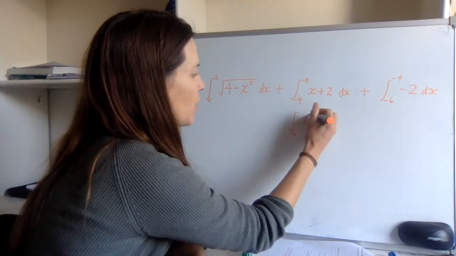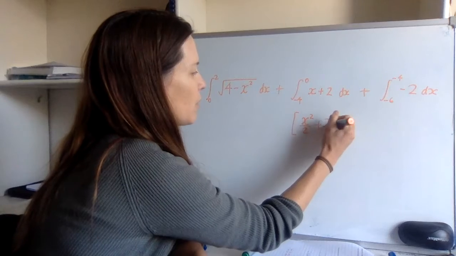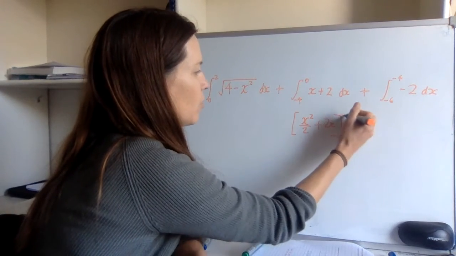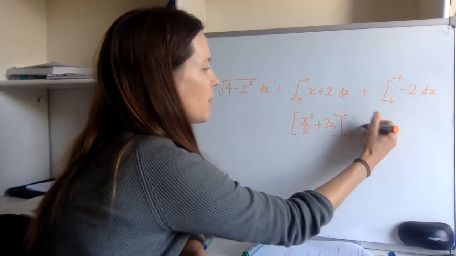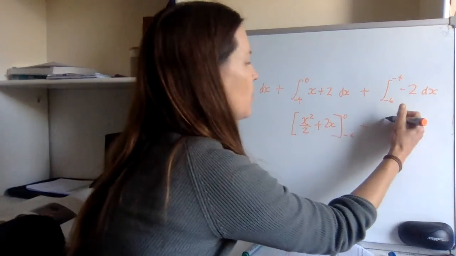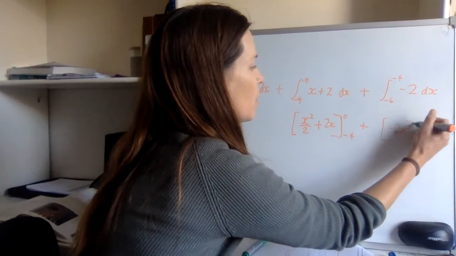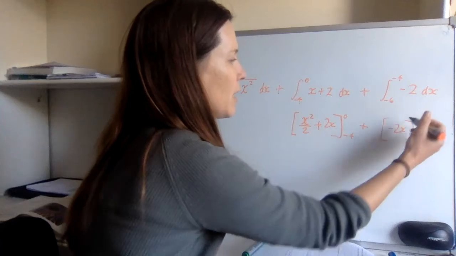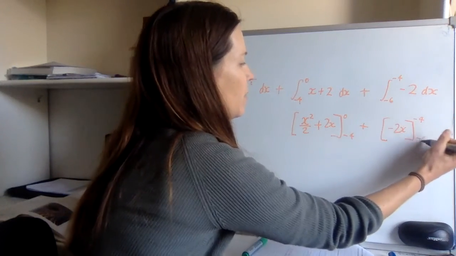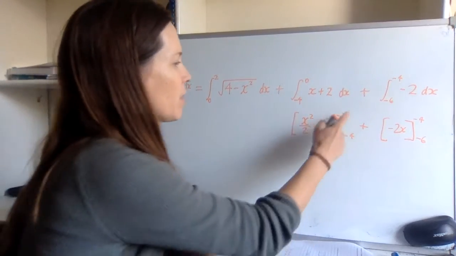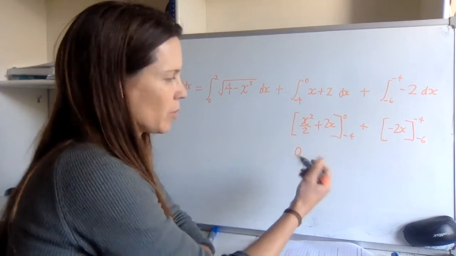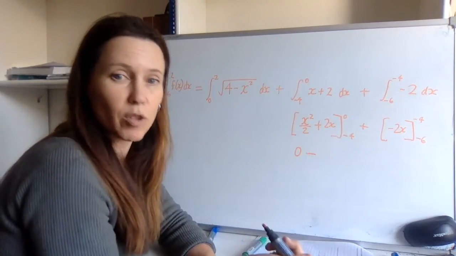This first part will be x squared over 2 plus 2x, and all of that between these bounds. And this section will be negative 2x, or you can bring your negative 2 out the front, and we've got our bounds in there. Then subbing in our bounds, we've got 0, which helps as a placeholder because we know we need to subtract now.